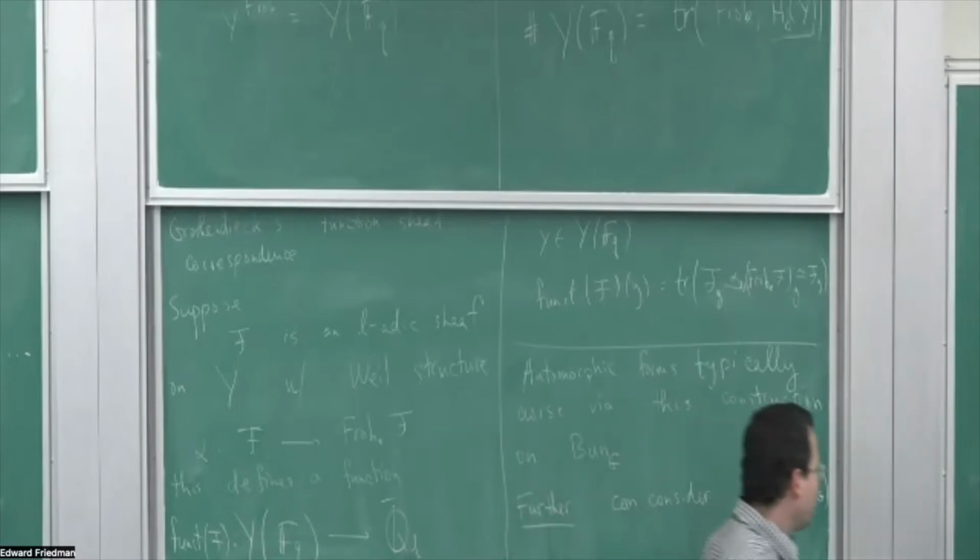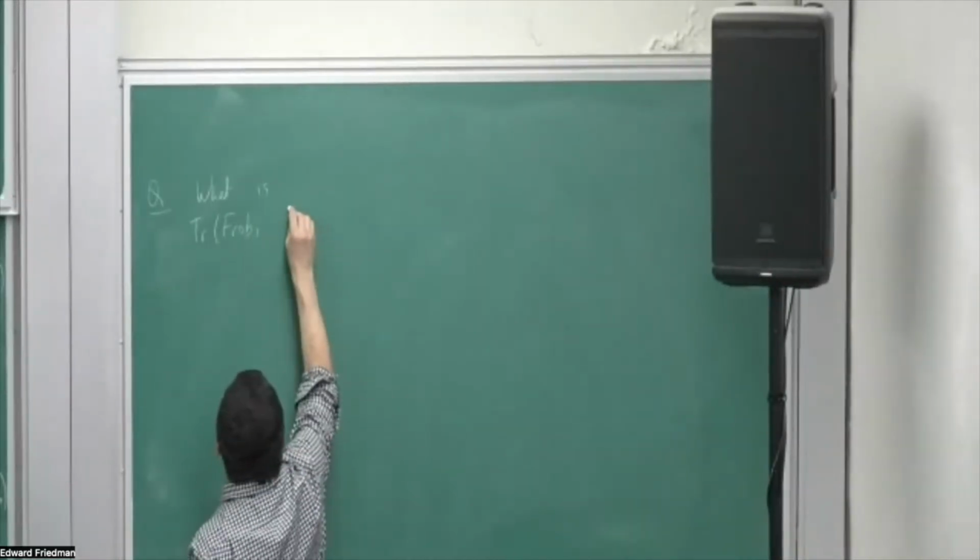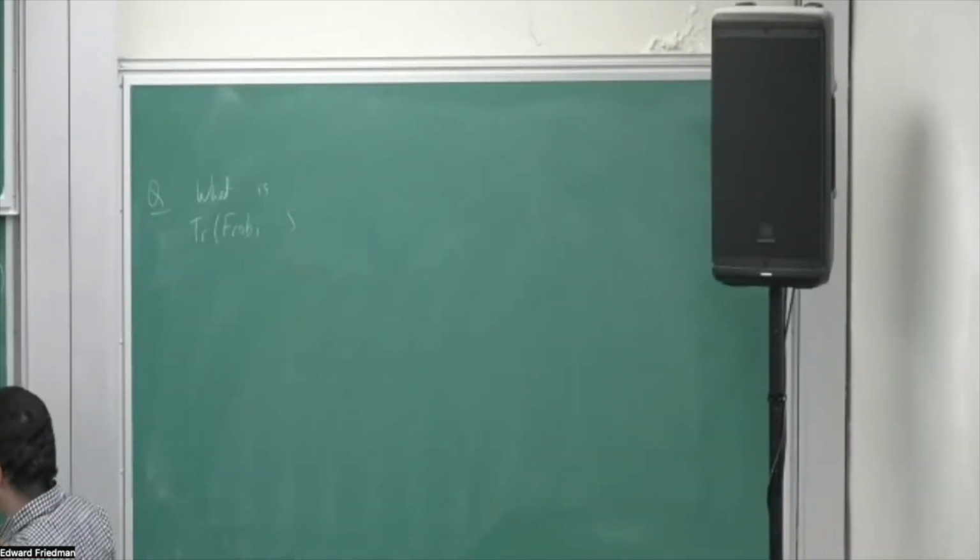So this raises the question: what is the trace of Frobenius?